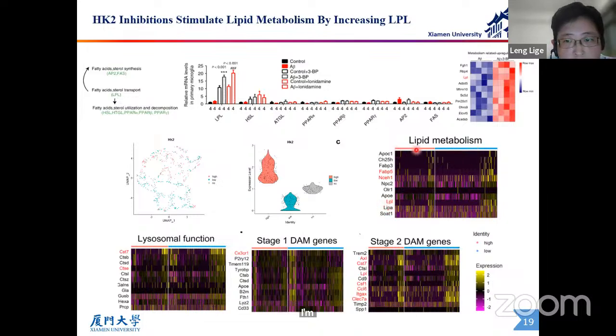We can see this is the high HK2 expression group, and this is the low HK2 expression group. We can see this lipid metabolism increases in the low HK2 group.